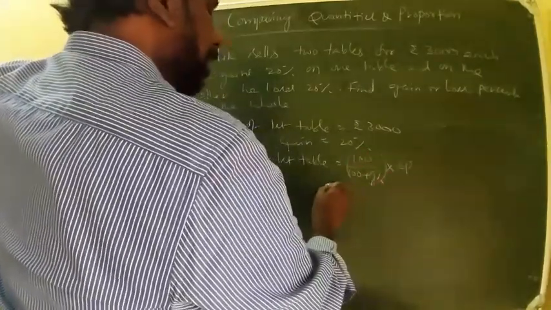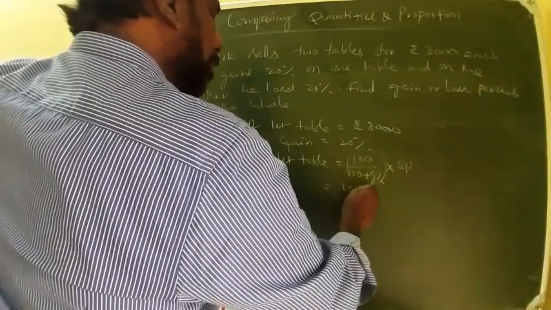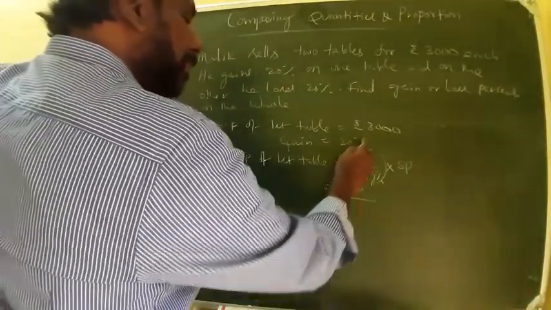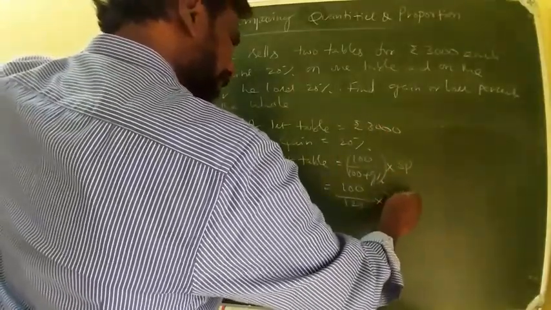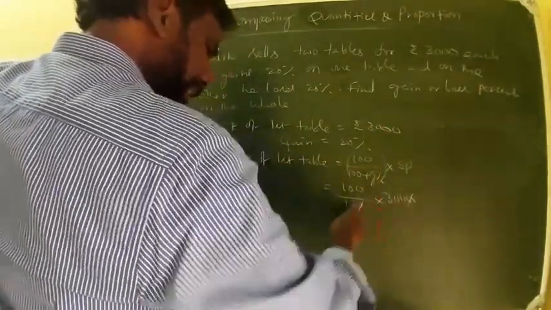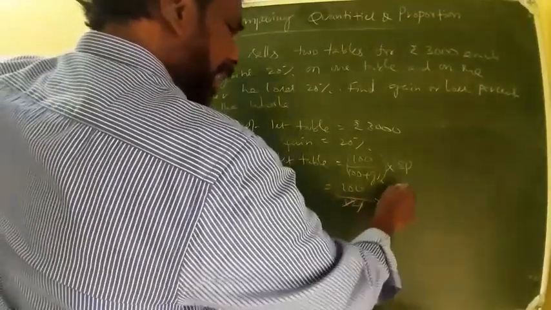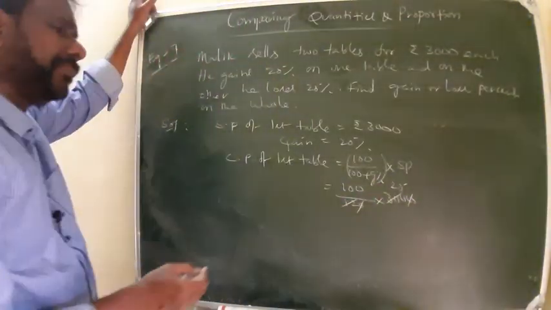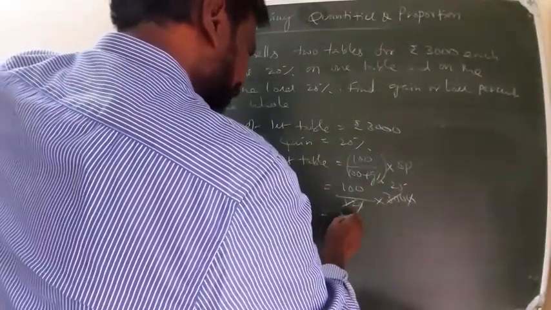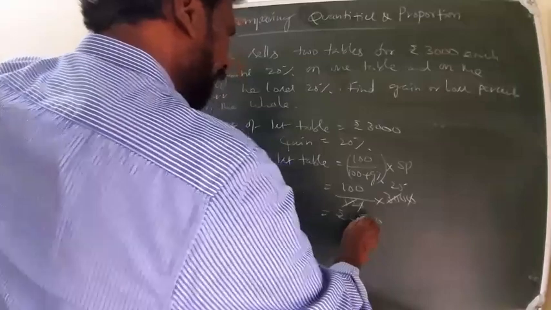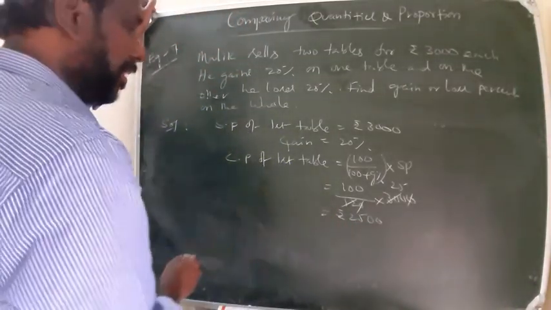So we can write 100 by 120 into SP 3000, 0, 0 cancel, 12 2s are 24, 100 into 25, 2500. So this is cost of first table.